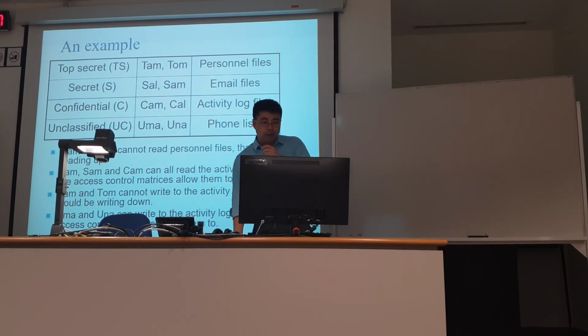So CAM and TOM cannot write to the activity log file, because this would be a write down, right? If you allow these two people to write to this activity log, essentially you create a path from high level to low level, because they can read the content of a high level document, for example the personal file. If you allow them to write to a low level file, they may mistakenly put some confidential information there.